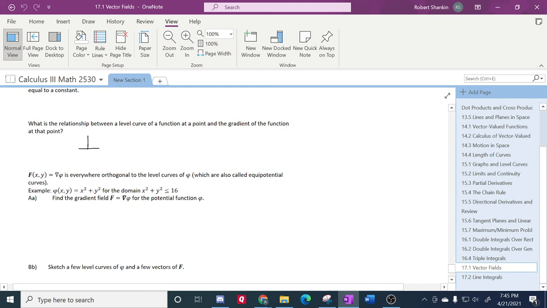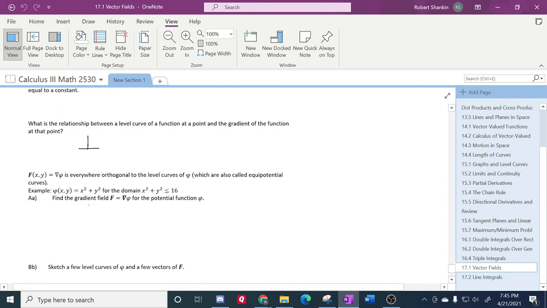So an example, phi is x squared plus y squared for this domain, so inside this circle of radius 4. Find the gradient field for the potential function phi.